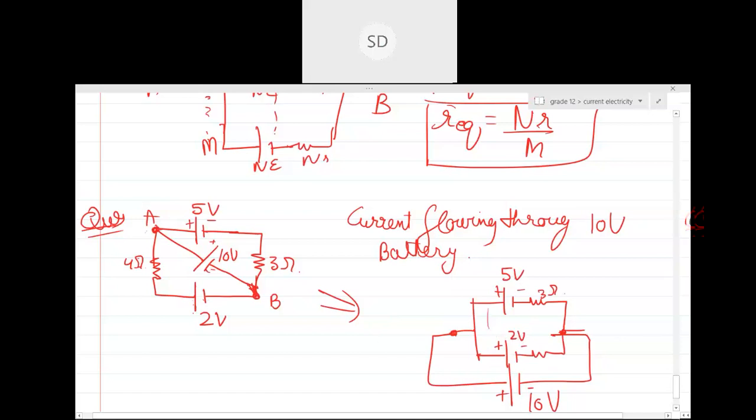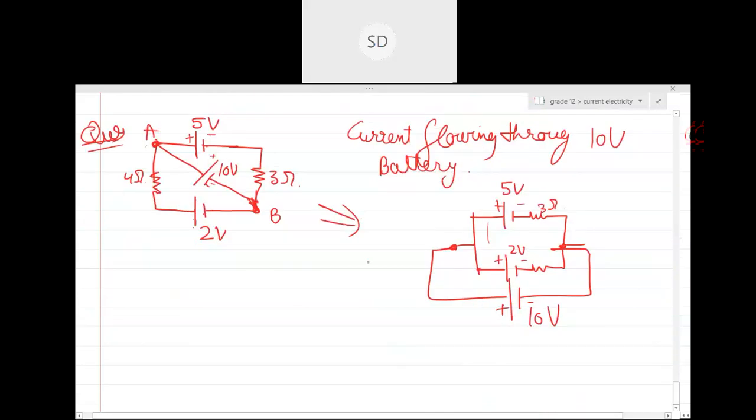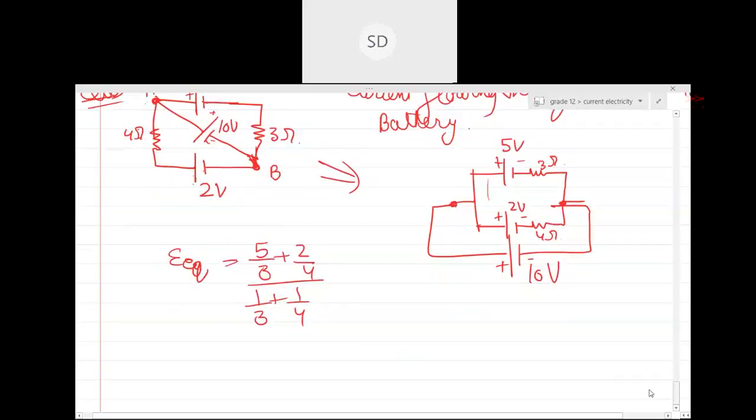Now what is the E equivalent of this? Both of them are supporting each other, so E equivalent will be (5 upon 3 plus 2 upon 4) divided by (1 by 3 plus 1 by 4).